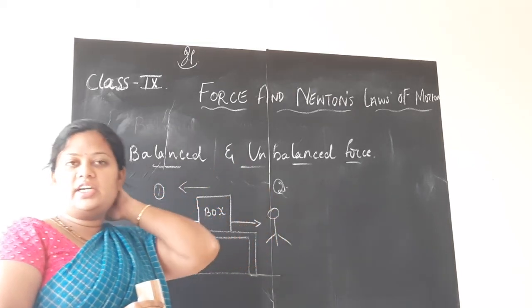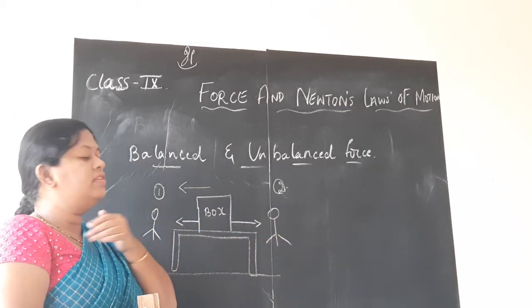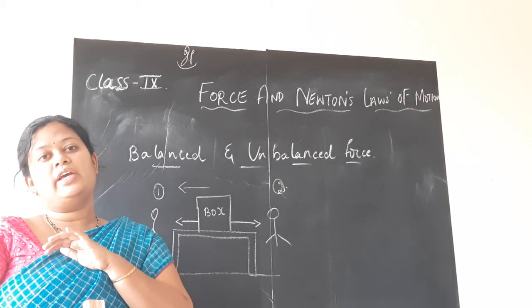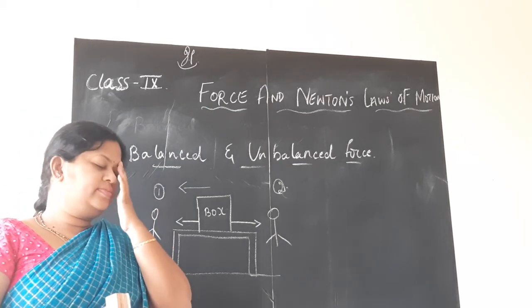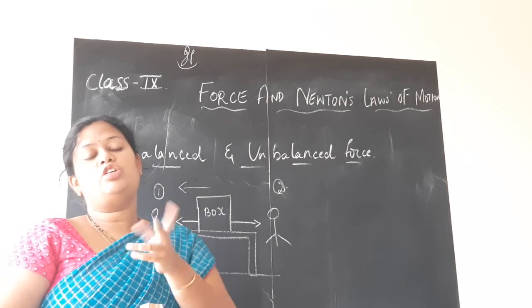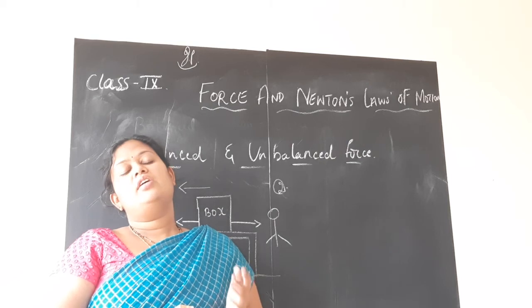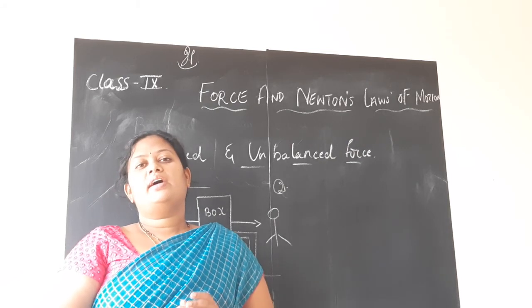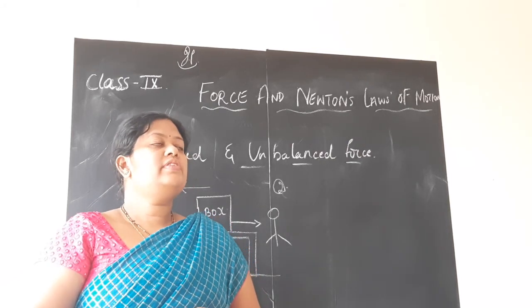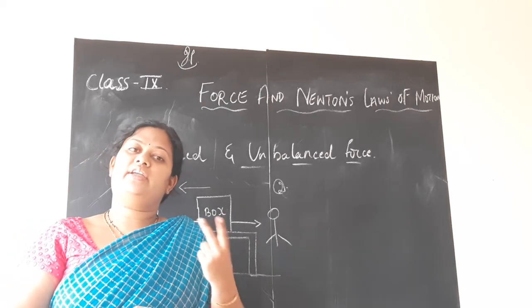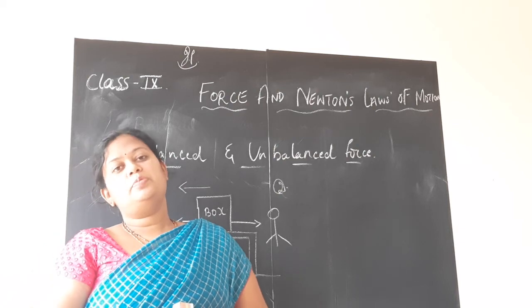This concept we have studied in the last class with various examples. And for a force to be acting on the body, two objects should be in contact with each other, then only the force can act. Also we studied that force changes the size and shape of the body, and it can increase or decrease the speed.